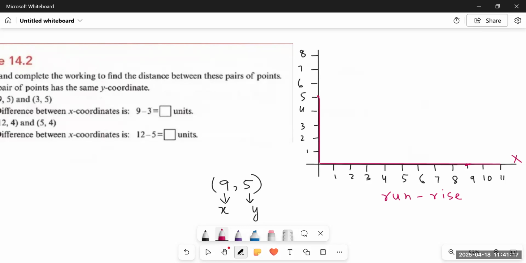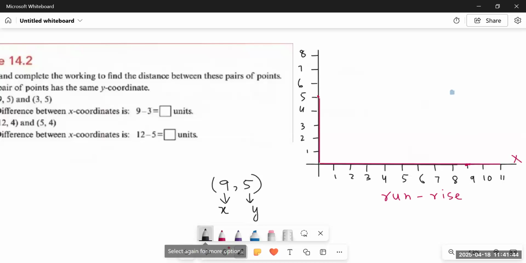From 9, we will go up, and from 5, we will run. So these 2 points will meet over here. You understand, students? This point. We will mark it over here.